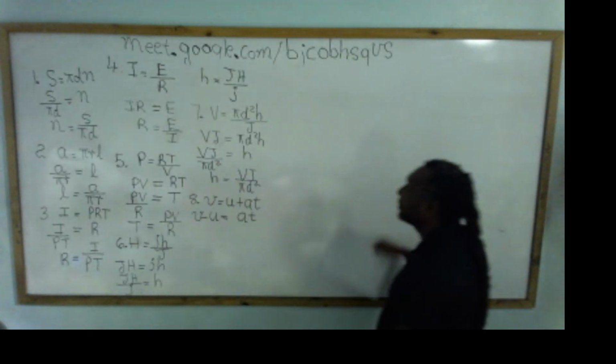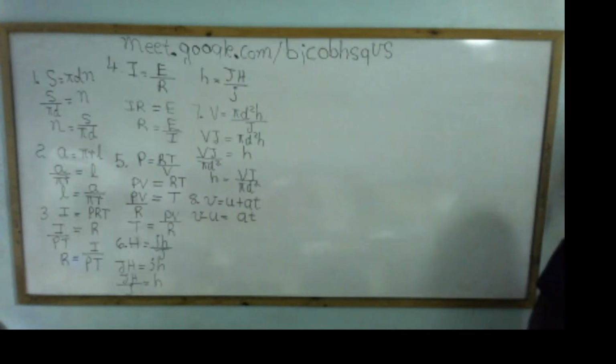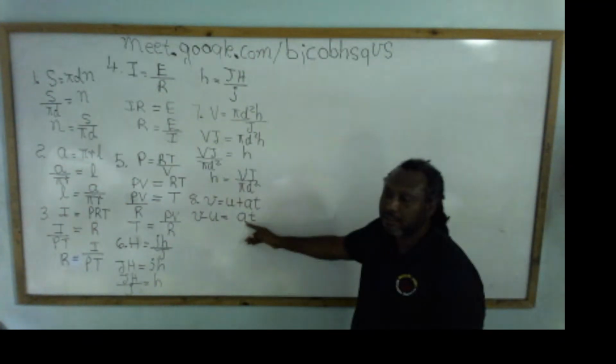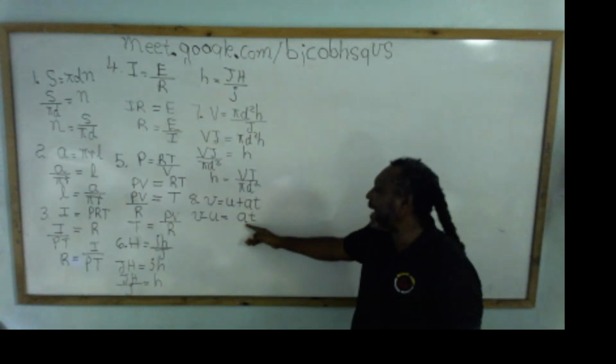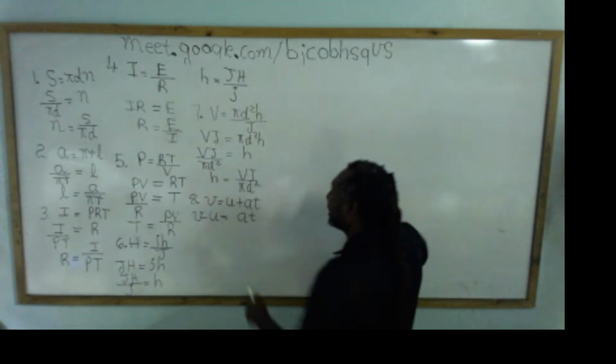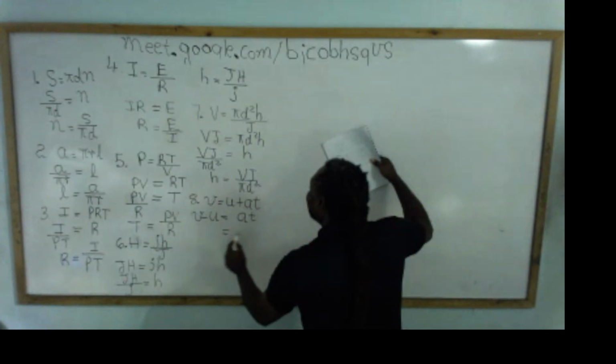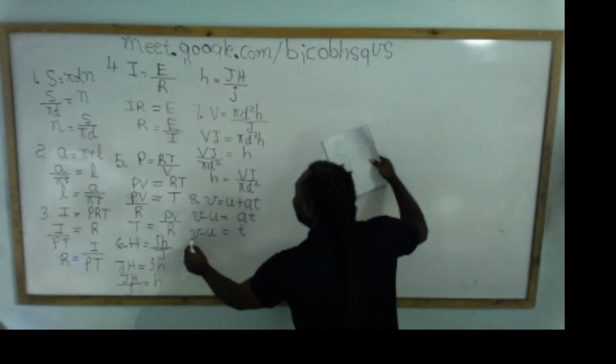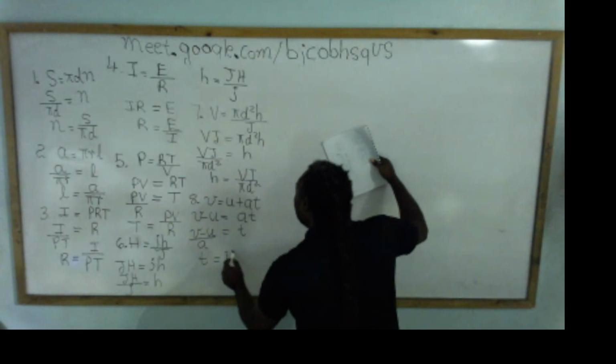We finish up by eliminating a that is in a multiplication relationship with t. Because it's being multiplied, we will divide by a. And we do that on the other side also. Dividing the right-hand side by a, the a will be eliminated. And the left-hand side, we'll have v minus u. We need to divide by a also. So t is equal to v minus u over a.